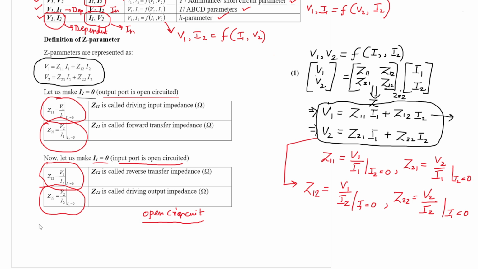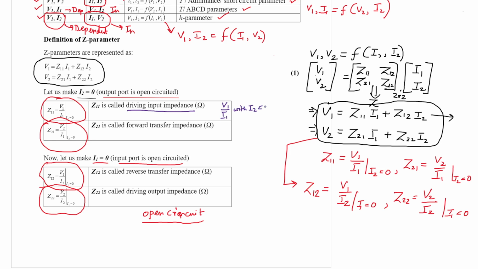With this final thing, let us quickly discuss the different nomenclature of Z11, Z21, Z12 and Z22. Z11 is called driving input impedance. Why? Because it is V1 by I1 with I2 equal to 0.